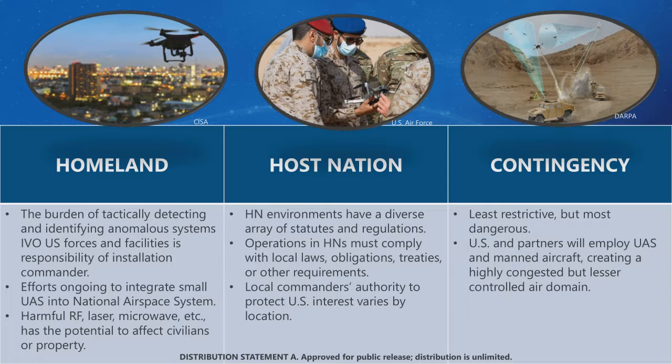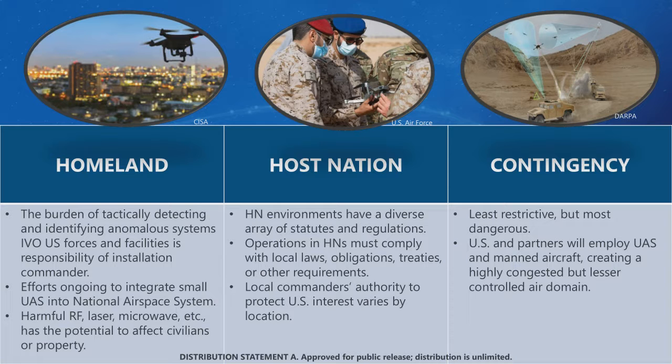When operating in a host nation, DoD has to be cognizant of that host nation's rules and regulations regarding drones, so the local commander's authority may vary by location. So there's a lot of education that has to go into every time you set foot in another country.